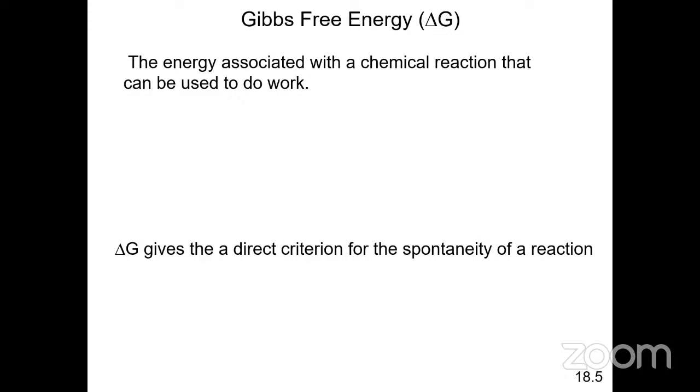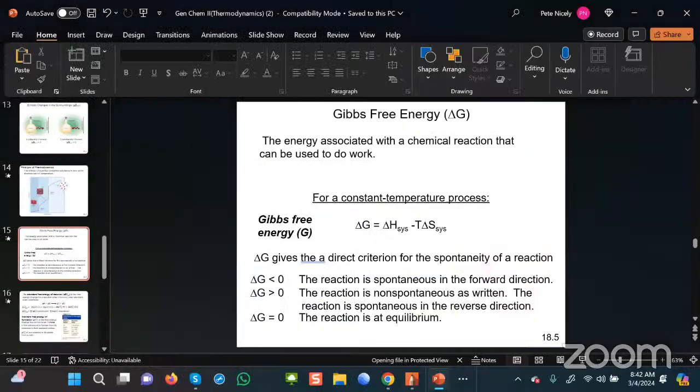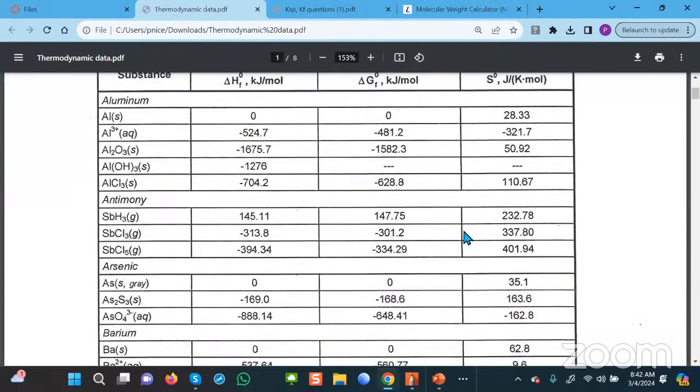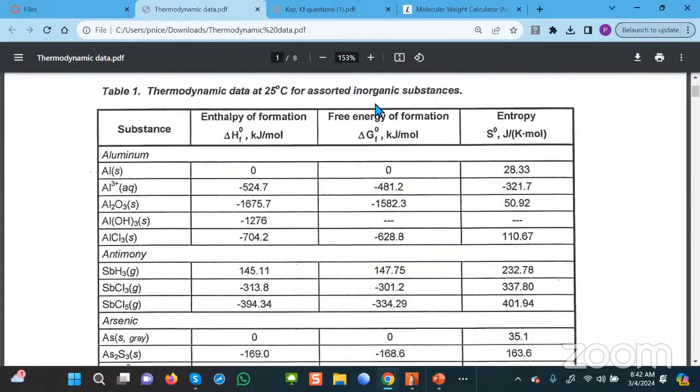Please use the values from the table that I mentioned before. This table has about 8 pages, so it wouldn't make sense for me to leave it up here because I'd have to scroll down. So you can bring it up on your devices and use it to answer the questions.